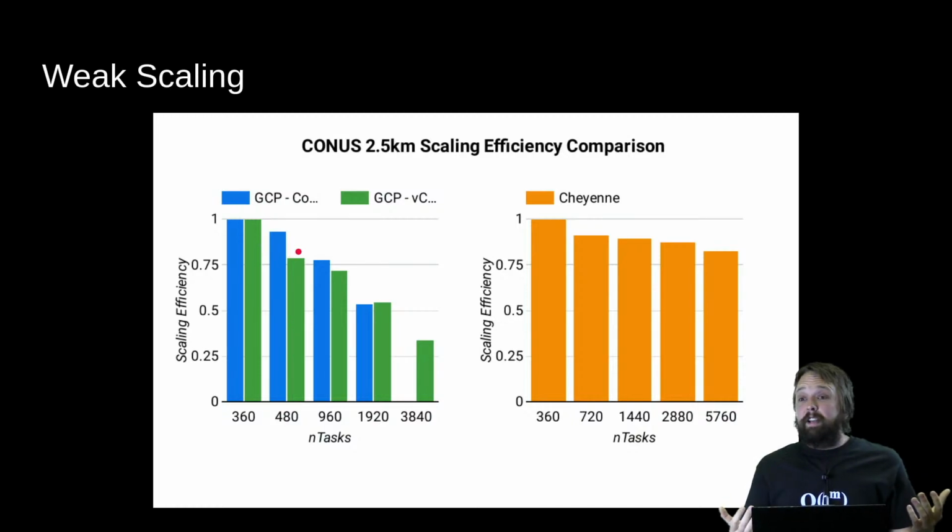So 100% scaling efficiency would mean that basically all the MPI overhead is being hidden somehow, and I'm doing great. Now on Cheyenne, by the time we get to 5760 ranks, we're at about 80% scaling efficiency. On GCP, by the time we get to about 3840, we're just hovering above that 30% mark. So again, there are still some networking issues that need to be worked out here.